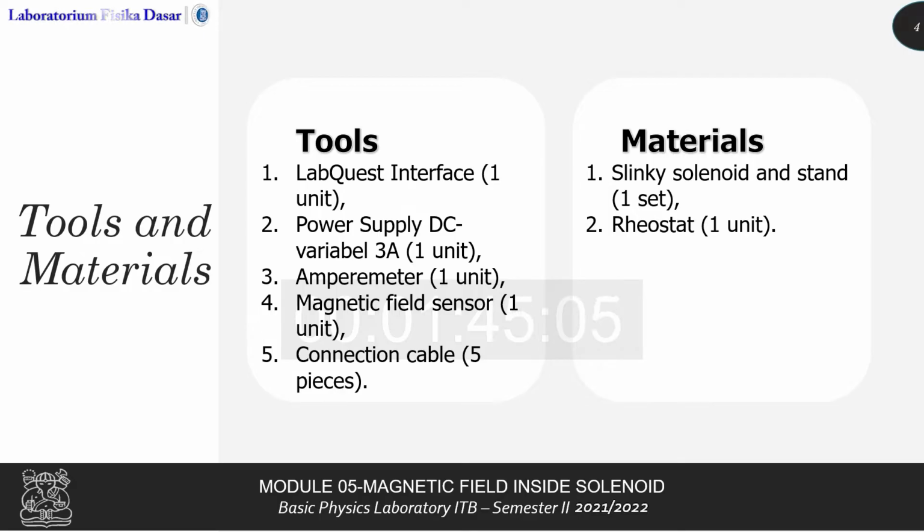Second is the DC variable 3A power supply to provide power in the form of voltage to this experiment, and then an ampermeter to record the value of the electric current, and then there's the magnetic field sensor to record the value of the magnetic field inside or outside of the solenoid later on, and then connection cables to connect the power supply, ampermeter, magnetic field sensor, solenoid, and rheostat.